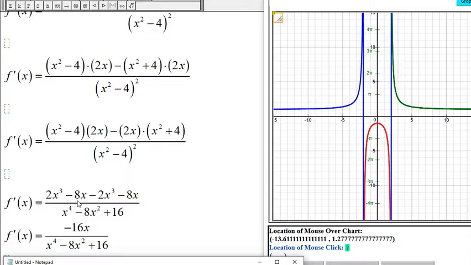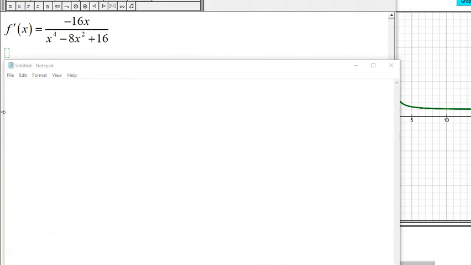And now we need to get the second derivative. This is a quotient, so the first derivative is negative 16x divided by x to the fourth minus 8x squared plus 16. To get the second derivative, we have to use the quotient rule again.